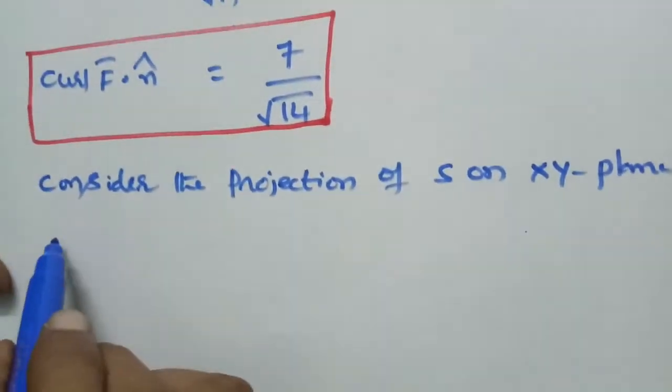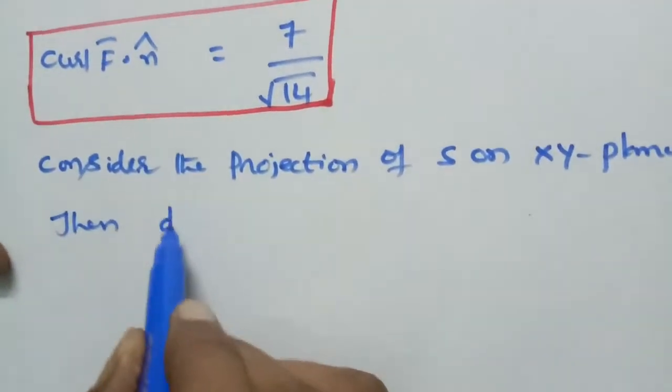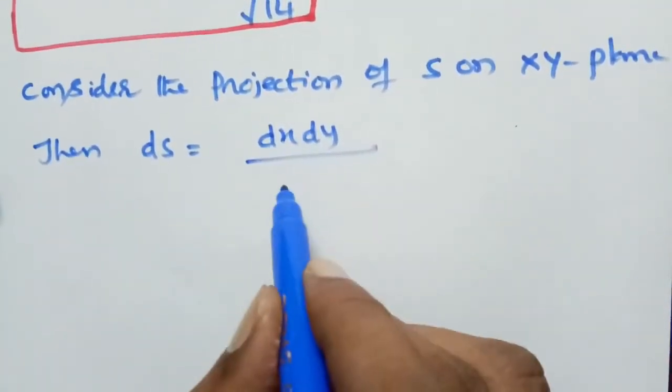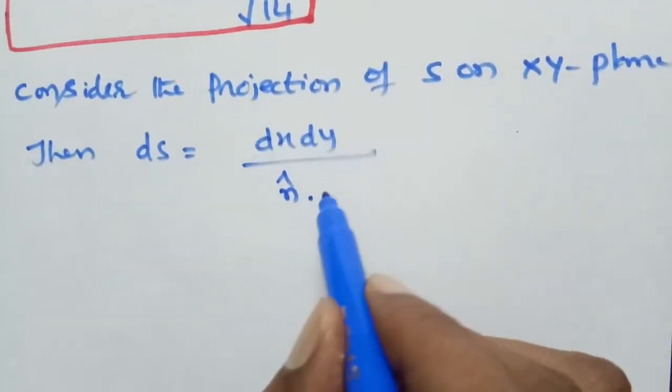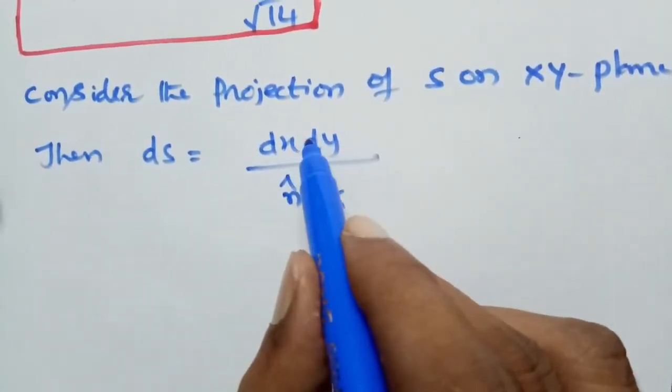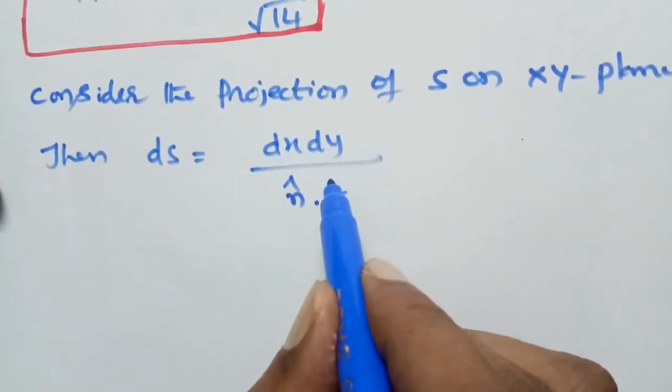Then ds is equal to dx dy by the unit vector n cap dot the unit vector along the axis perpendicular to the xy plane, that is the z axis.